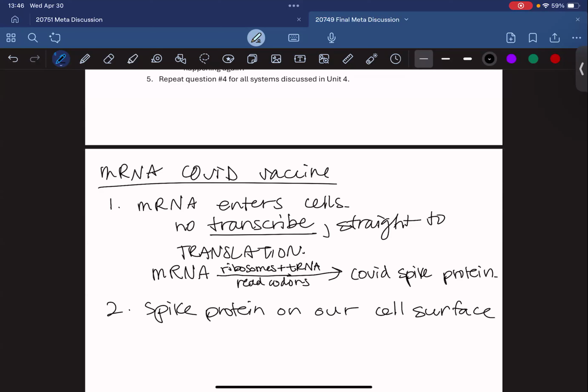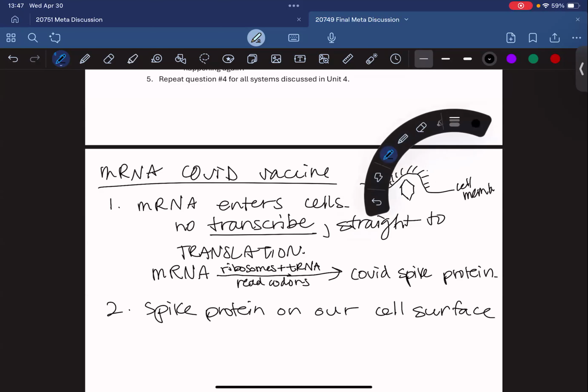Because remember how we talked about with HIV, whenever you make a virus, you'll get your capsid, and the capsid will bud out of your membrane, your cell membrane, that is studded with the spikes, right? This is true for HIV and for COVID. So those spikes naturally want to be on your cell membrane.